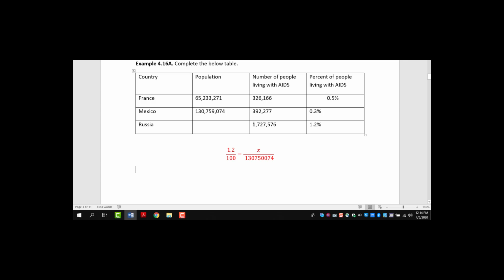That is clearly the part. The whole, we don't know. That's what we're trying to find out. So again, we're going to cross multiply and divide. Part to whole, part to whole. Cross multiply and divide, and we'll get the population of Russia there. And there's the whole population for Russia.